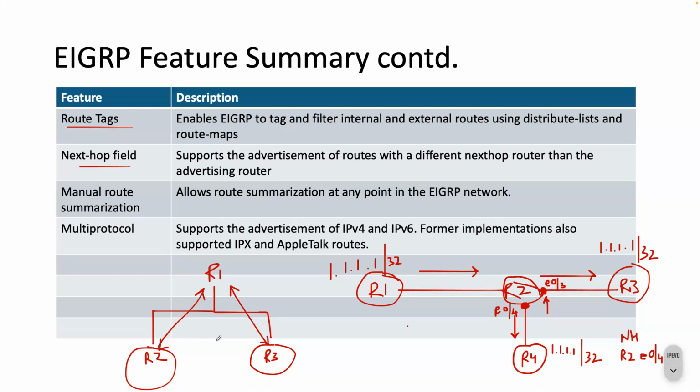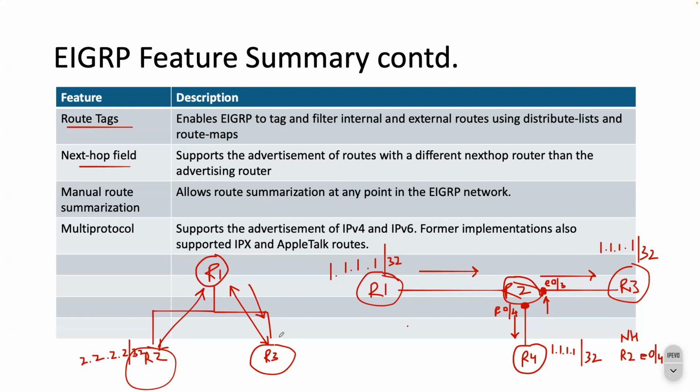But R2 and R3 are not directly neighbors with each other, let us assume. Now what will happen? Let's say R2 is advertising this 2.2.2.2 towards R1. R1 will send it towards R3 also.